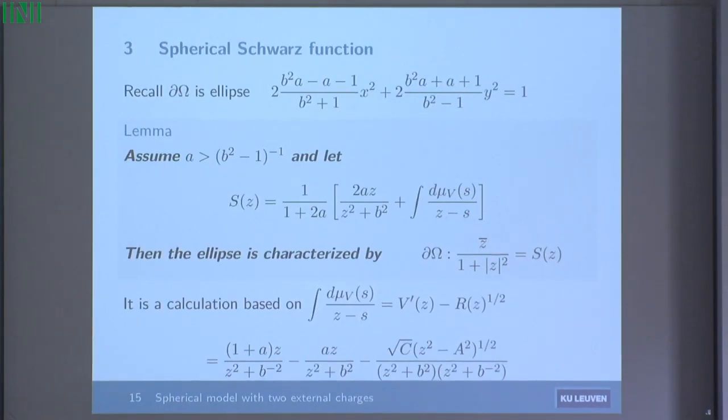I don't know why it happens, but you do the calculations and it works. I don't have any conceptual reason why it should be this ellipse. That is the solution of this problem, and this is basically a brute force calculation.